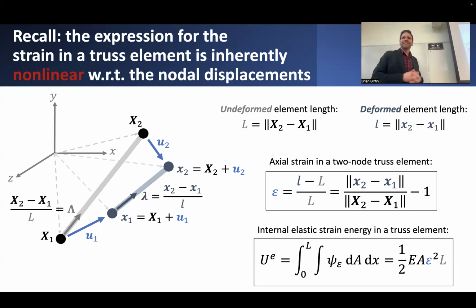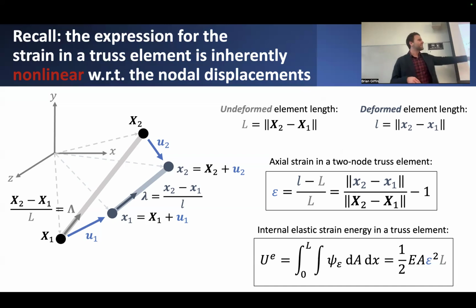Now, what did we do next? We applied Castigliano's theorem. We have to use Castigliano's theorem to take the derivative of this internal strain energy expression with respect to the nodal displacements. In the case of a truss element, that's tantamount to saying, let's take the derivative of this expression with respect to U1 and U2, the displacements of these two nodes at the end of the member.